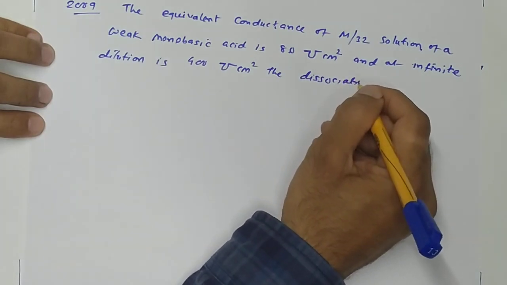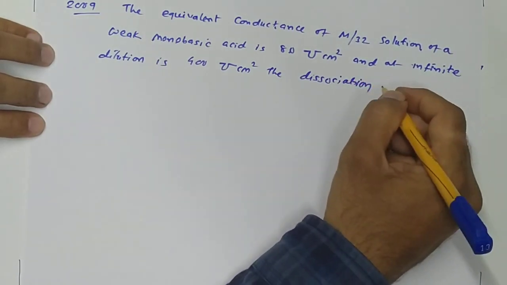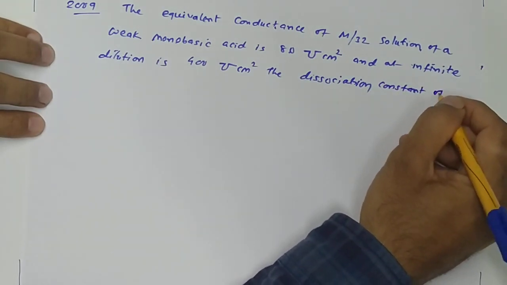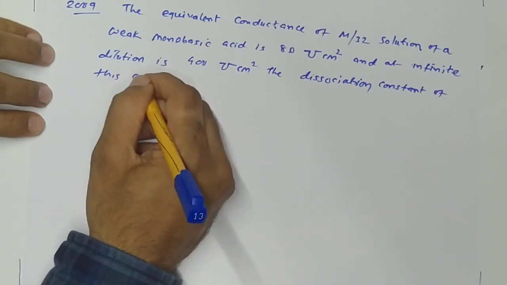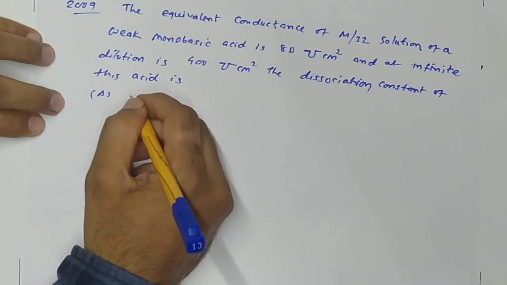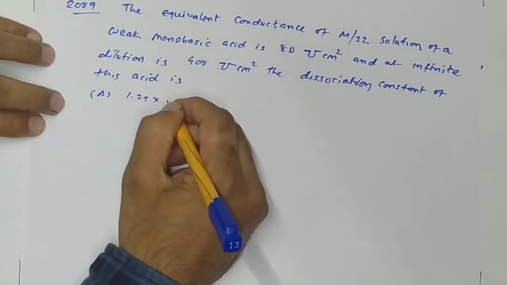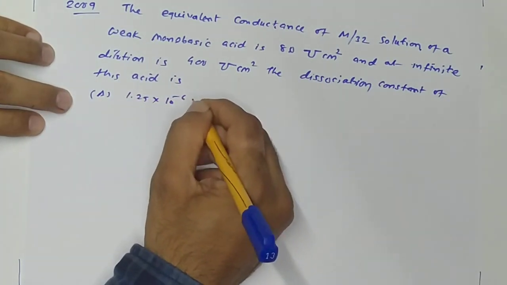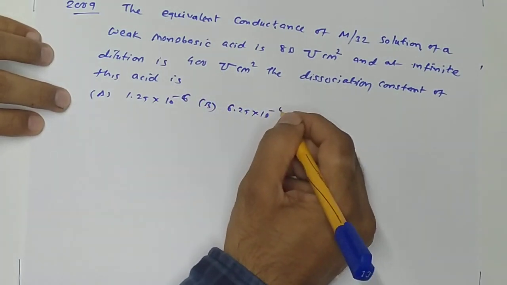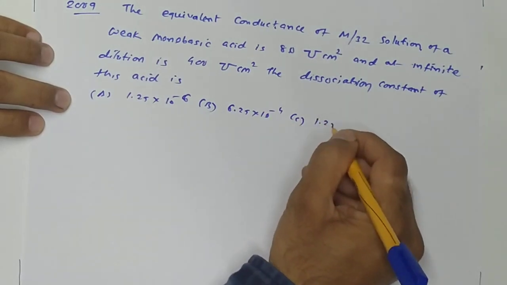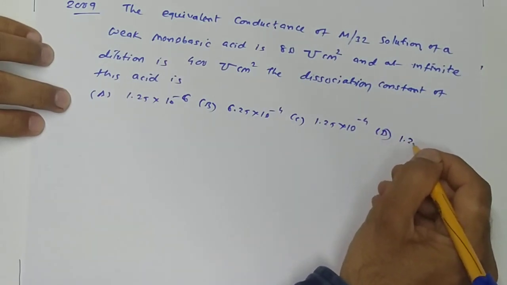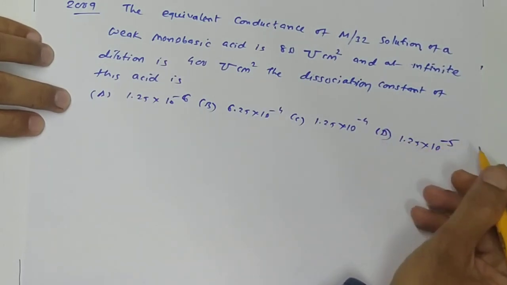The dissociation constant of this acid is: A, 1.25 × 10^-6; B, 6.25 × 10^-4; C, 1.24 × 10^-4; D, 1.25 × 10^-5.